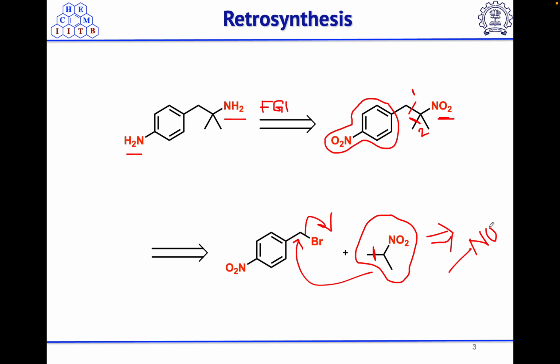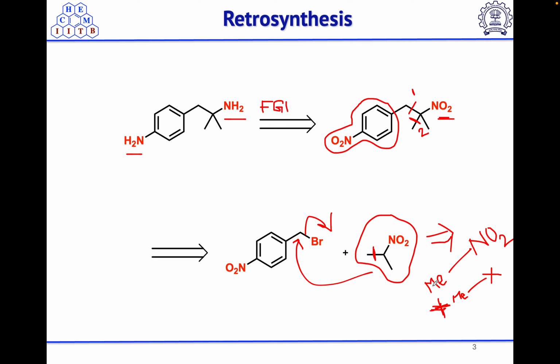Similarly, similar type of chemistry: nitromethane you have to treat with base, plus methyl iodide, or any methyl halide.